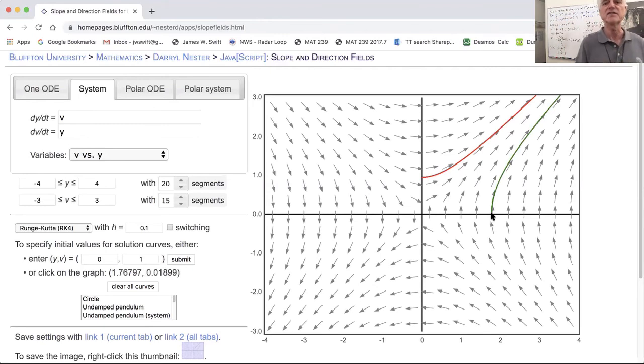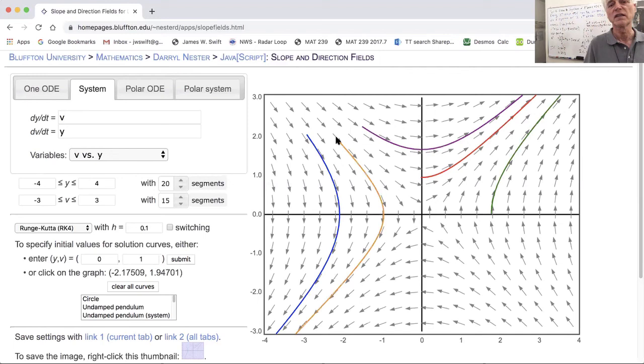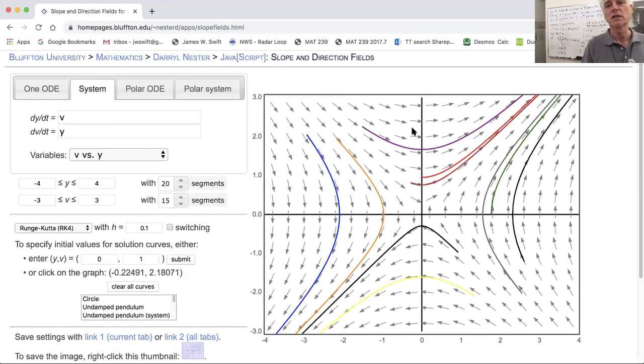So this is what you get in the phase plane when this is the ODE y double prime equals plus y, or y double prime minus y equals 0. So we're going to be learning how to solve this equation without resorting to writing it as a second order single ODE first.